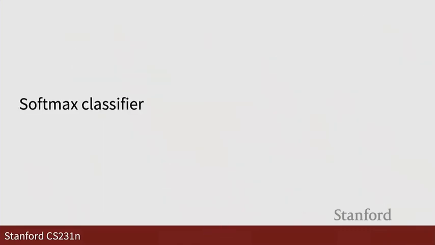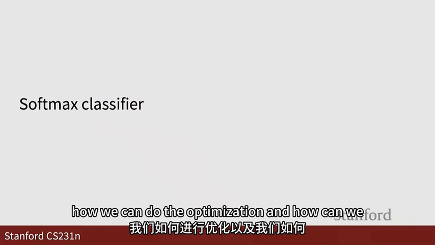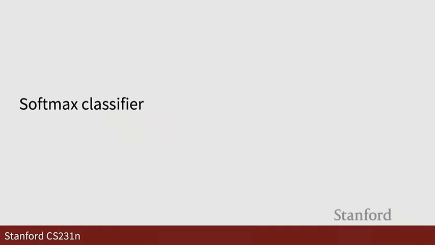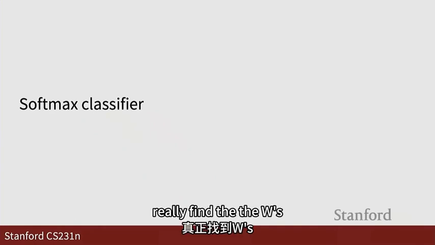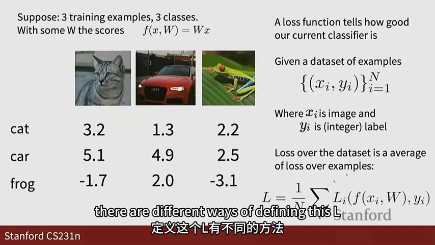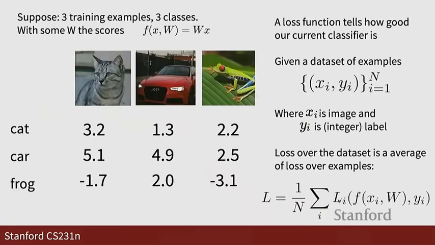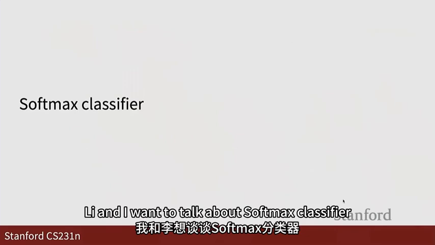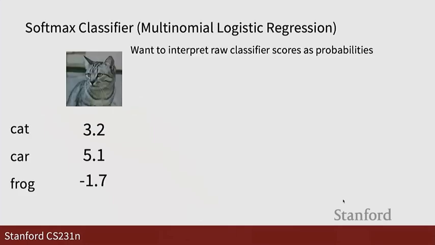So how we can do the optimization and how can we really find the W's? There are different ways of defining this Li, and I want to talk about softmax classifier right now.